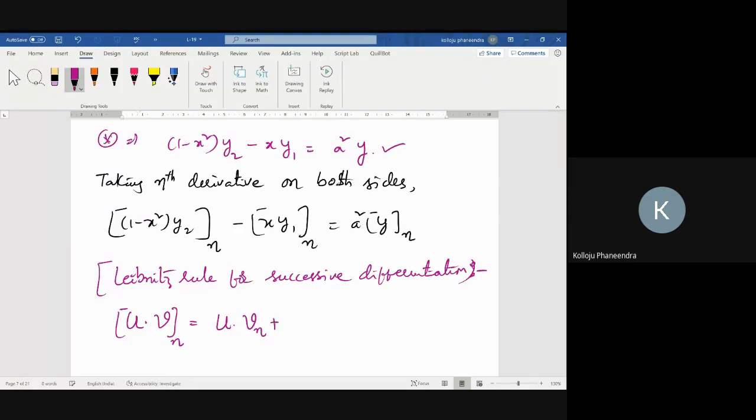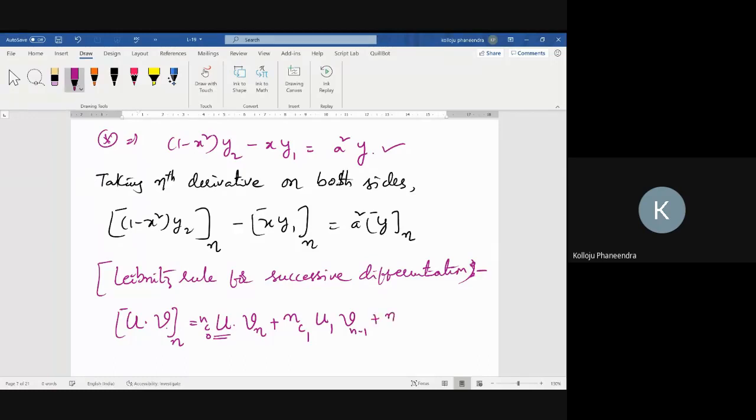plus. Okay, once again, first write u as it is for v nth derivative. Next one, nc1, actually this is nc0, that's value is 1. nc1, take for u first derivative, and for v decrease one derivative, n minus 1.